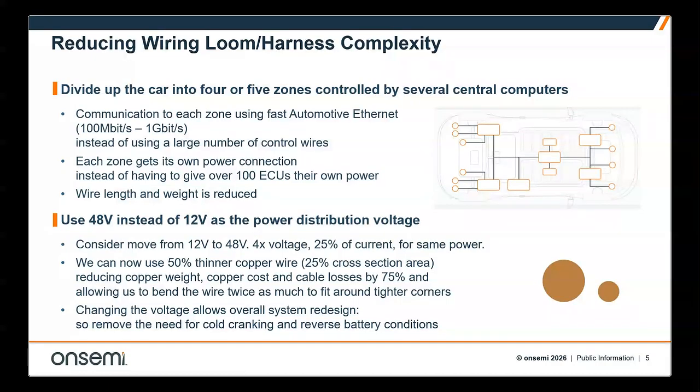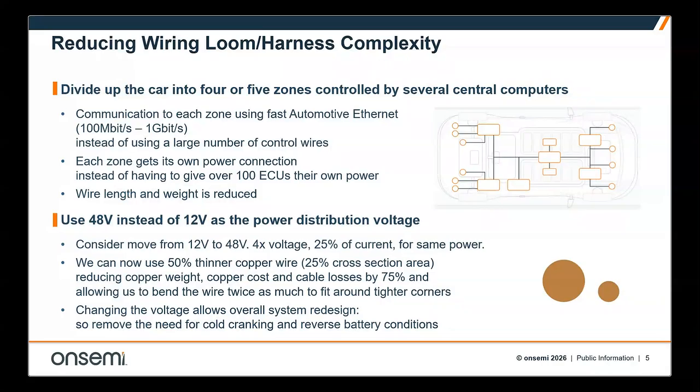Communication within each zone runs on high-speed automotive Ethernet, from 100 megabits up to 1 gigabit per second, replacing the massive bundles of control wire we see today. Each zone also gets its own dedicated power connection instead of feeding over 100 ECUs individually, which dramatically cuts wire length and overall vehicle weight.